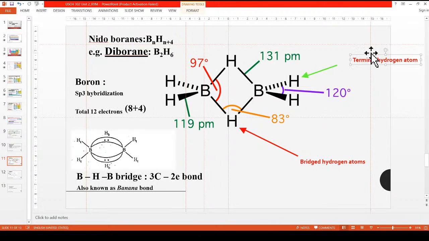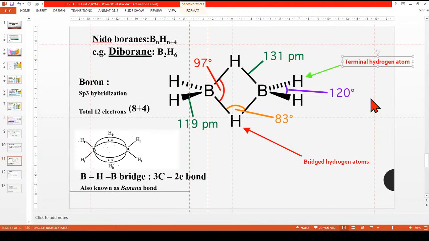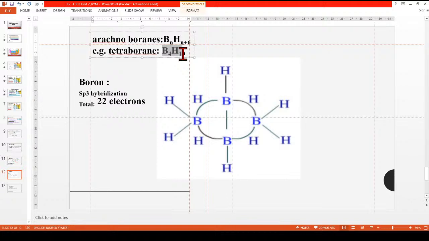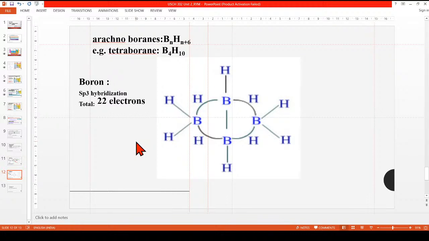The second compound involved in this is tetraborane. Its formula is B4H10. It is arachno type of borane.